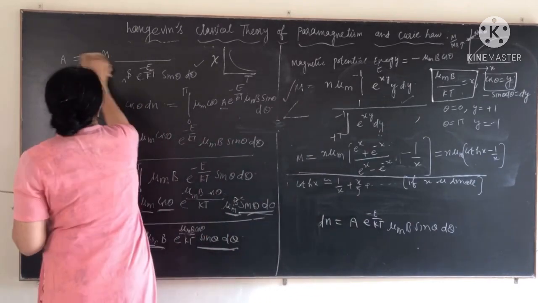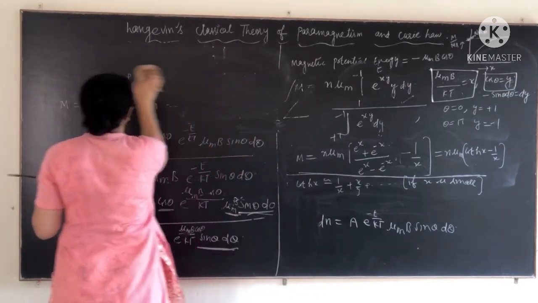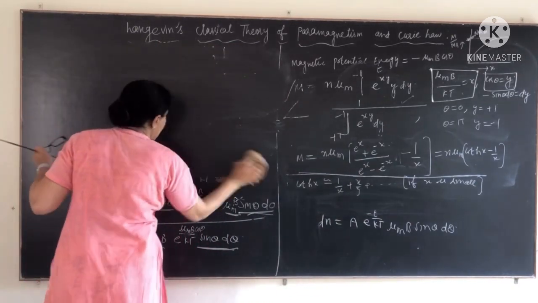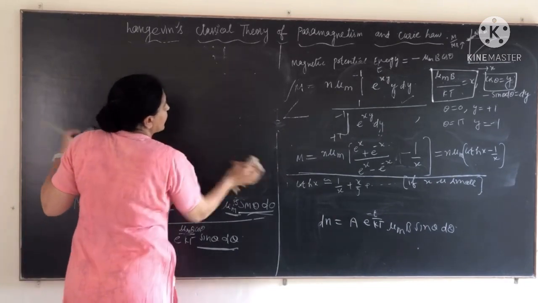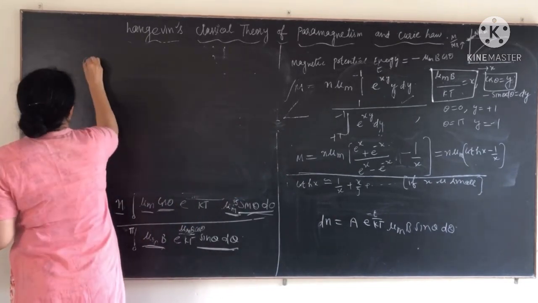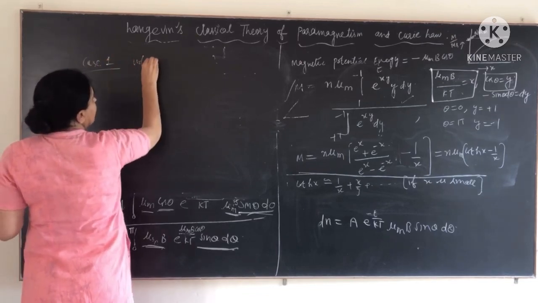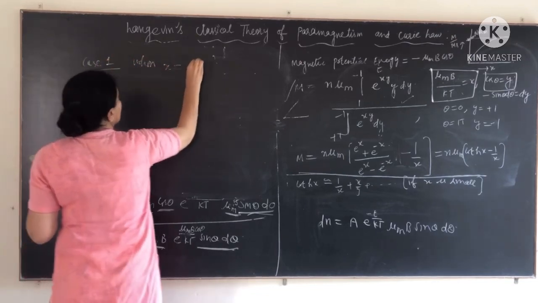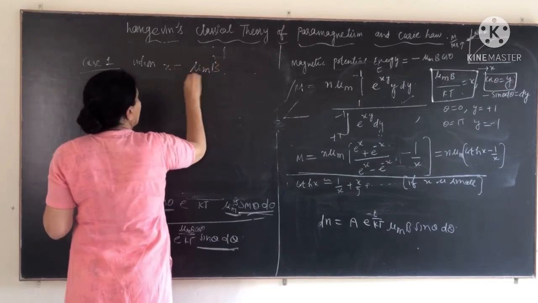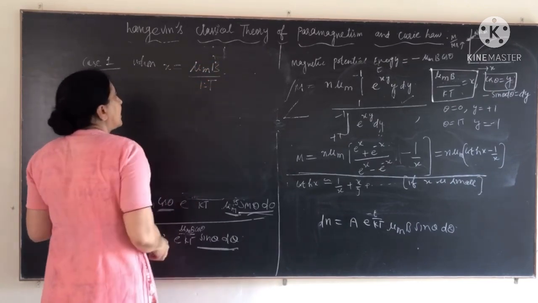Now, case first, when x is equal to mu m b upon kt, that is large.